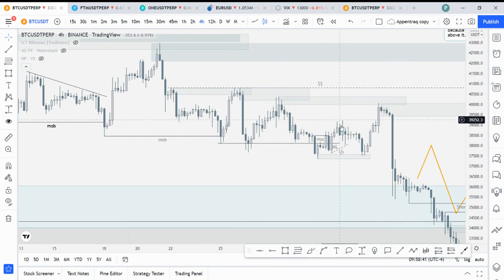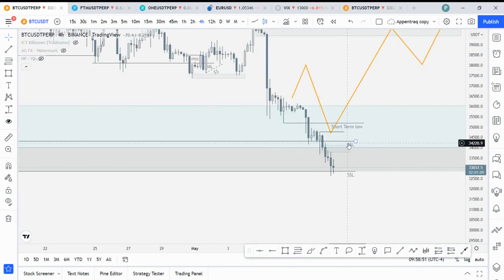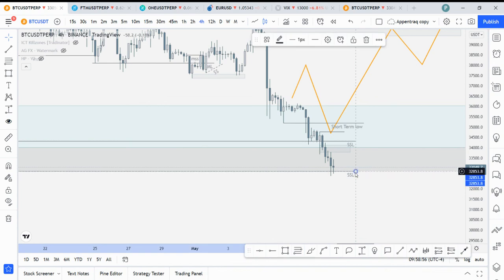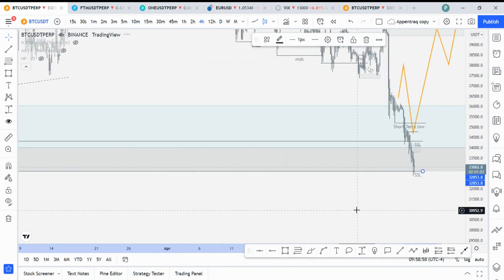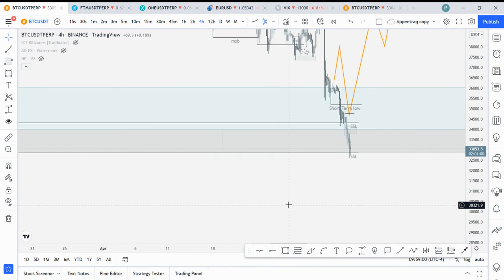You can see the swing high, sell side liquidity, buy side liquidity, they buy into this demand zone, and what happened after? Price drops. So we have sell side liquidity. This has been taken, this has been taken. The next ones are those at 28,700, around 30K.